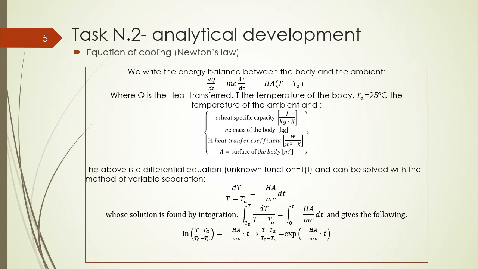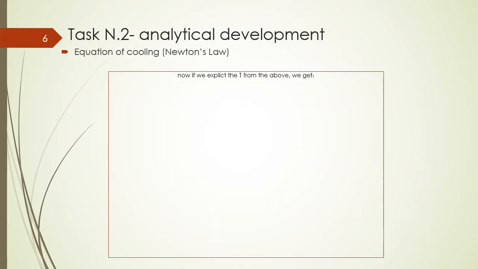We can write a different form by eliminating the logarithm, and we can also isolate the temperature. So we have an explicit function: temperature of time equals T0 minus TA times the exponential function of minus beta t, plus TA.